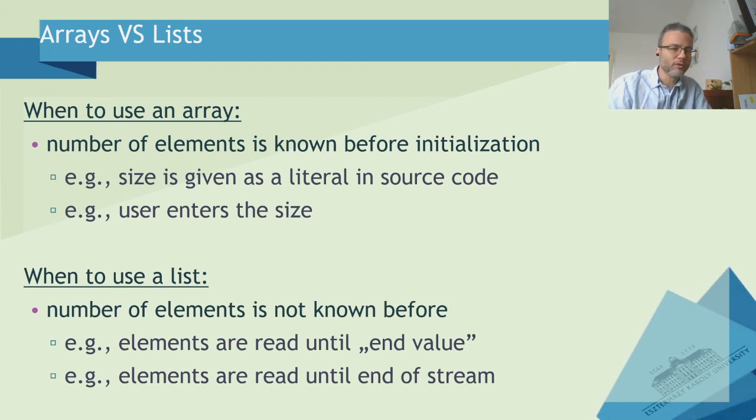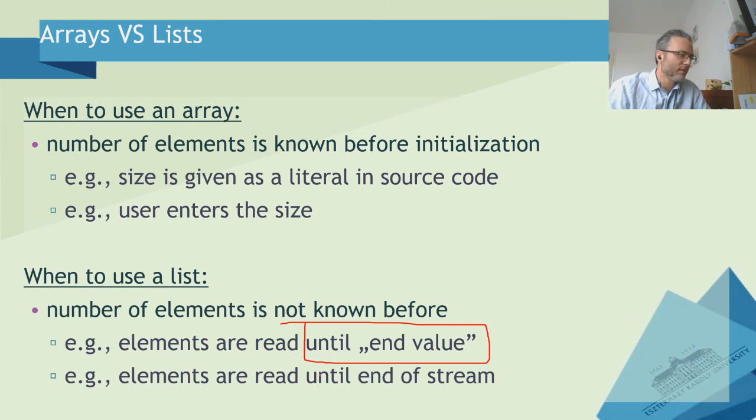Then you definitely should not use an array, because you cannot know in advance how many numbers the user will type, right? So it cannot be predicted. It's a typical use case when your teacher or the specification for your program specifies an end value.